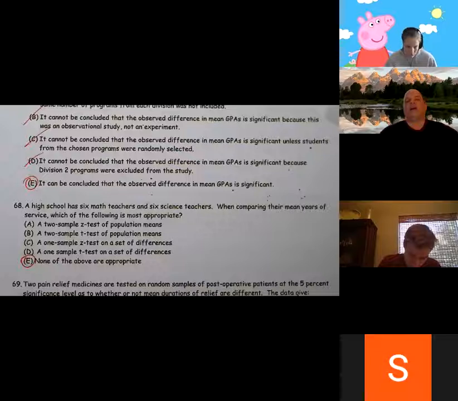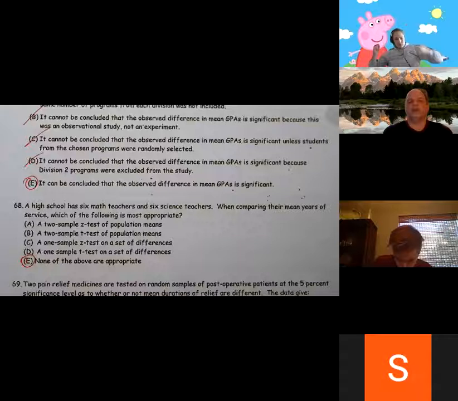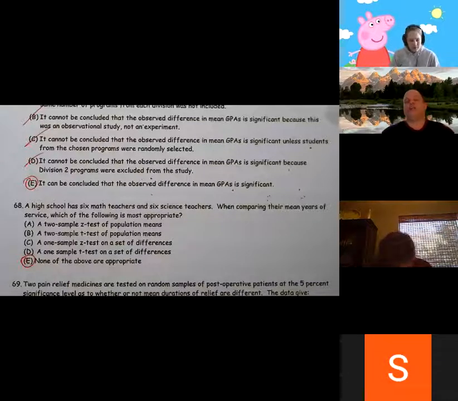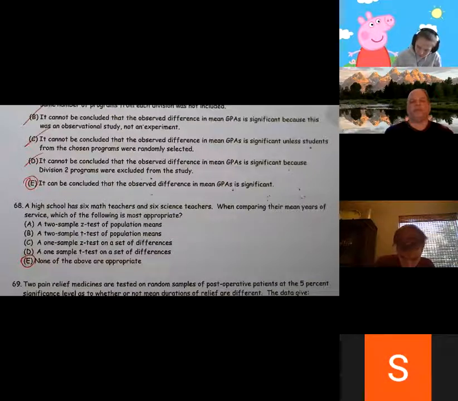Now, I could have used a two-sample t-test if I said I took a sample of 6 math teachers and a sample of 6 science teachers, because then I'd be saying I didn't take the entire population. Here it says I took the entire population.